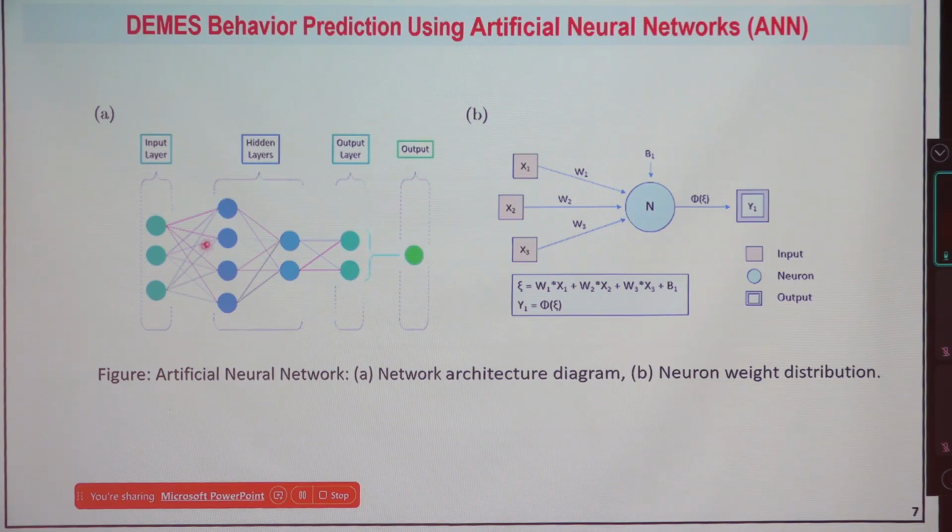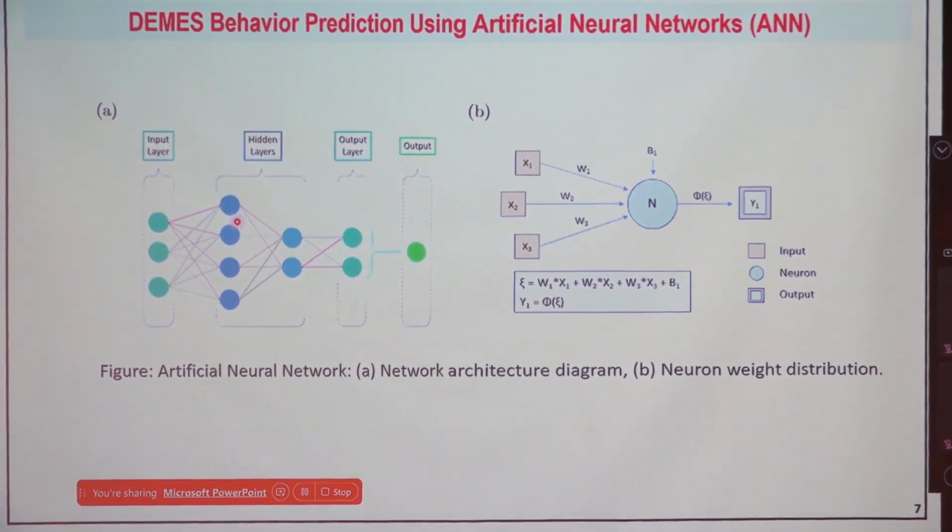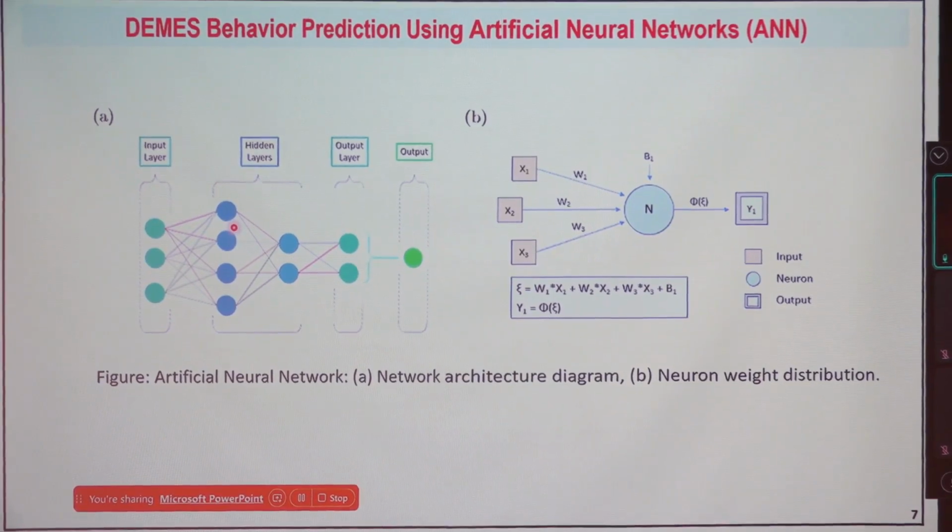Now, for example, if you are providing a certain set of data, and you are selecting different neurons, it will give weight to the particular data. For example, if you are supplying 3 input parameters, then you have to define the weight. You are saying that this is a very important one, or you give equal weightage. What is my input? Pre-stretch, frame bending stiffness, electrical voltage, anisotropy parameter, fiber orientation, stiffener spacing.